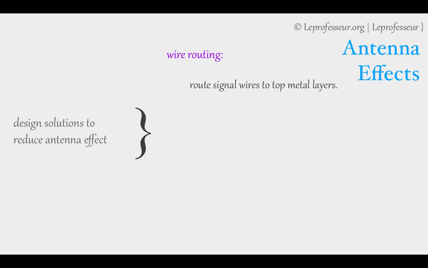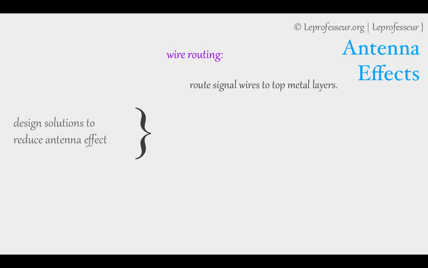Since we already know that the antenna effect is there in metal lines and polysilicon lines, two kinds of wires get affected, polysilicon and metal. And the idea here is to reduce the area.